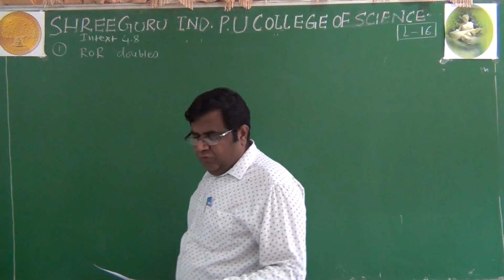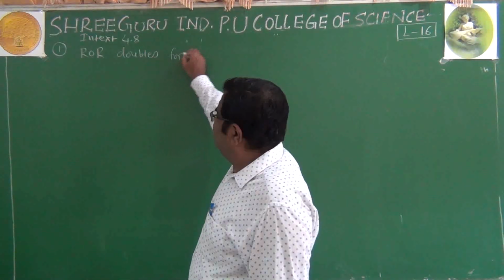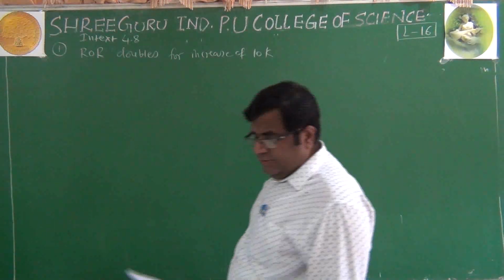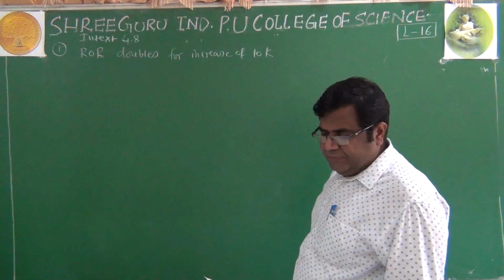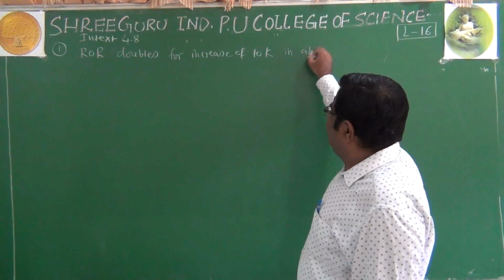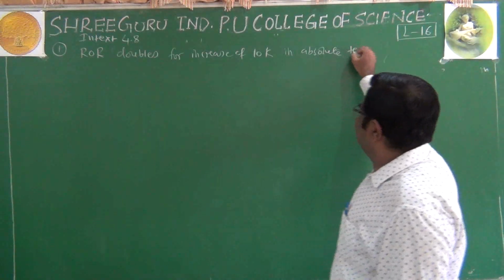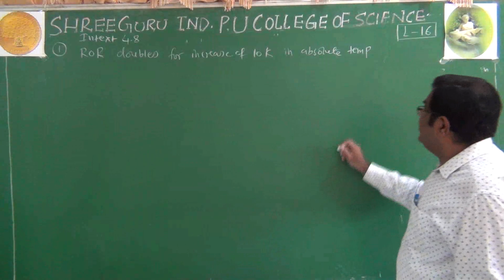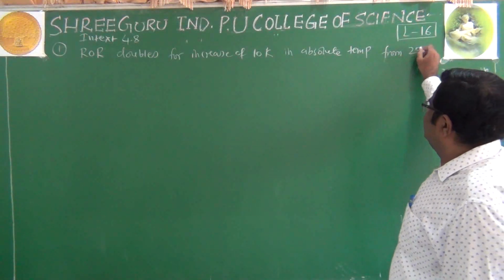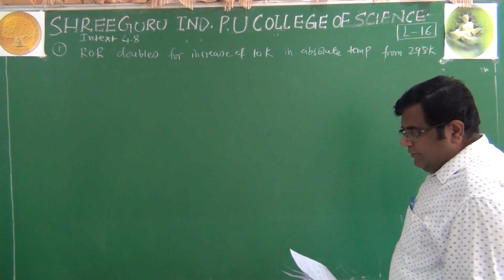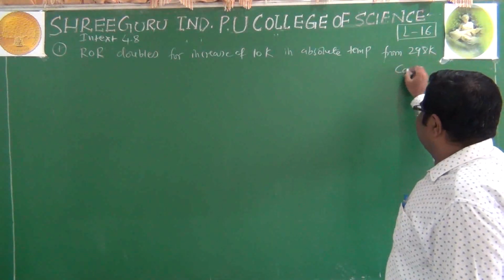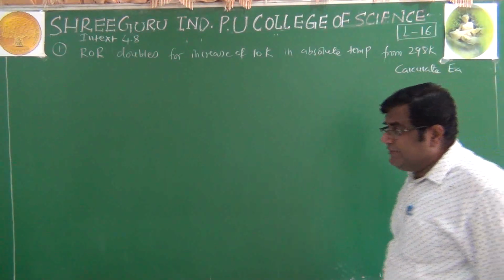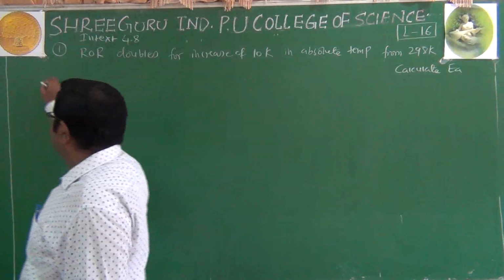For an increase of 10 Kelvin temperature, 10 Kelvin in absolute temperature, because capital T we are using, from 298 K, calculate EA. Calculate EA, activation energy we have to calculate.